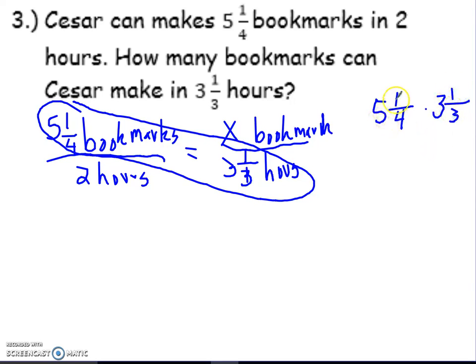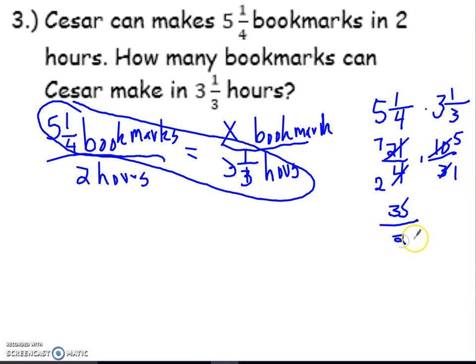5 times 4 is 20, plus 1 is 21/4. 3 times 3 is 9, plus 1 is 10/3. We can simplify the diagonal by 3. 3 divided by 3 is 1. 21 divided by 3 is 7. 4 divided by 2 is 2. 10 divided by 2 is 5. 7 times 5 is 35. 2 times 1 is 2.